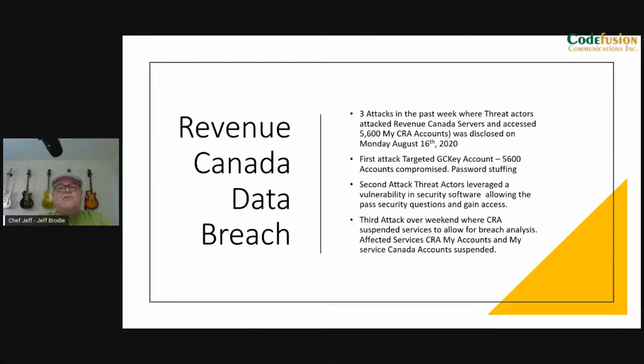The third attack over the weekend did throw a security alert from the systems that were being monitored, and the CRA then suspended the services to allow for breach analysis. So that's the update. The attacks took place over the past week.